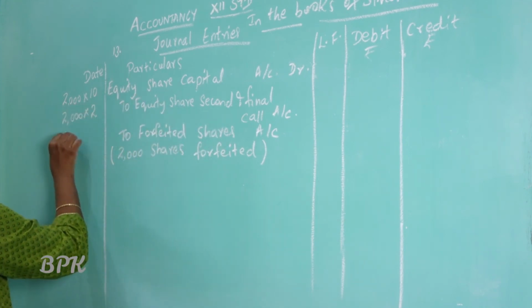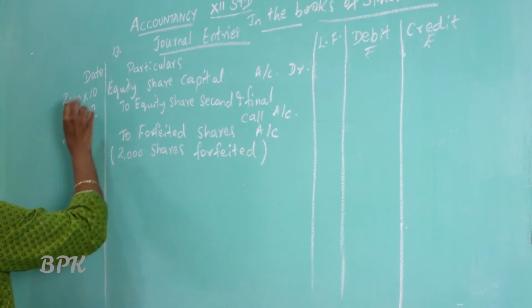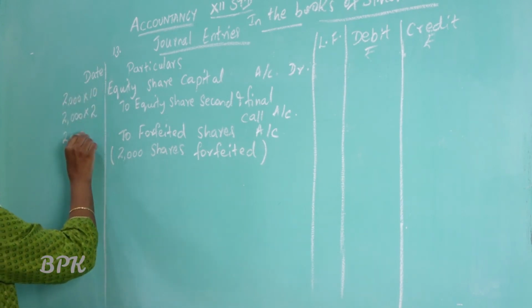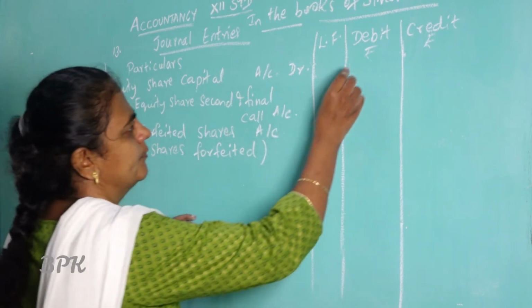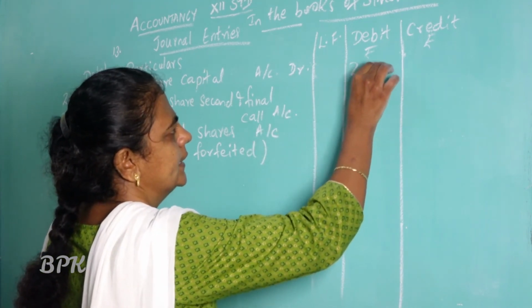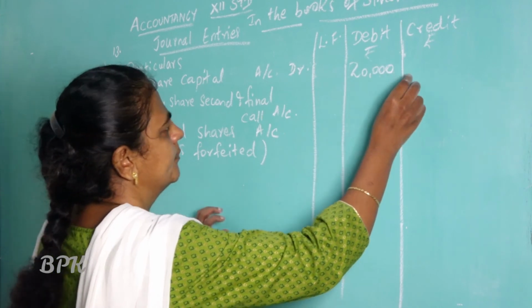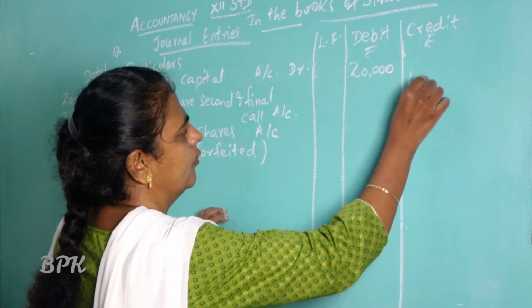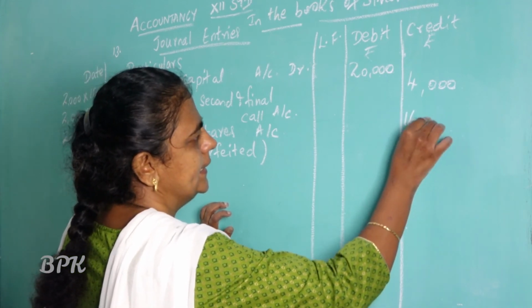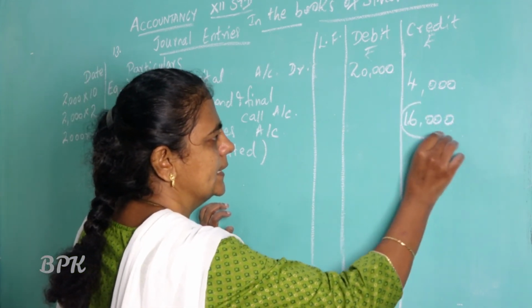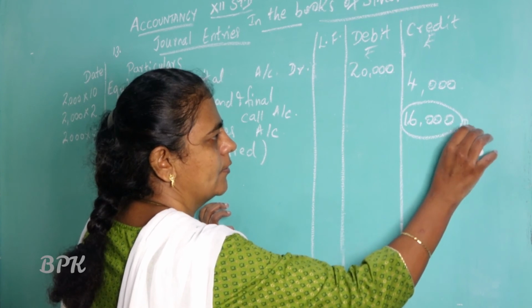So it is understood he has paid out of the 10 rupees, he didn't pay 2 rupees. So he has already paid 8 rupees. So 20,000, 4,000, 16,000. This 16,000 is a profit.